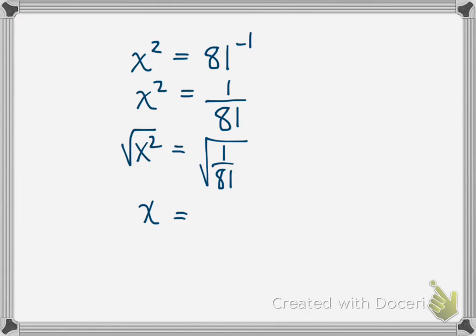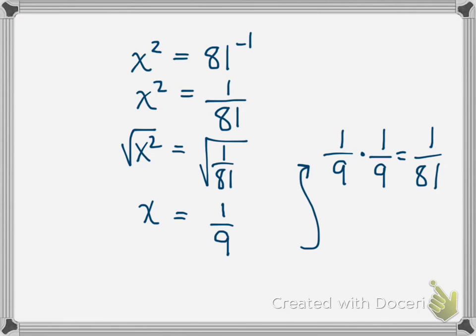So it would be the number that I multiply by itself to get 1 over 81. 1/9 times 1/9 is equal to 1 over 81. So the square root of 1 over 81 is 1/9. Okay, and this is the double check right here.